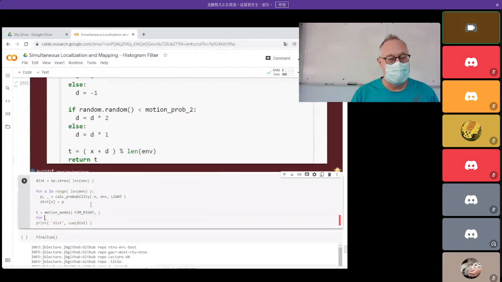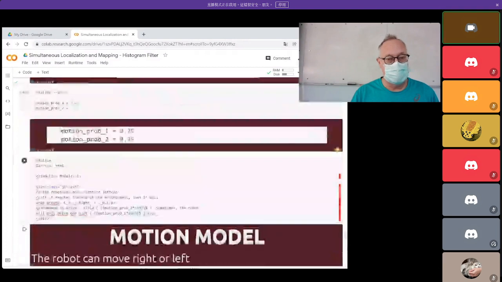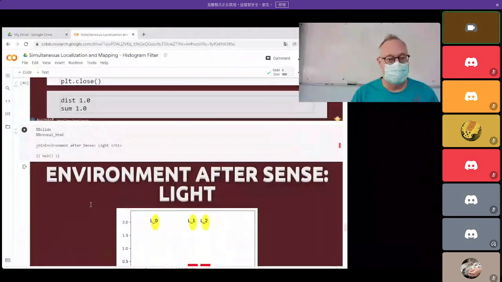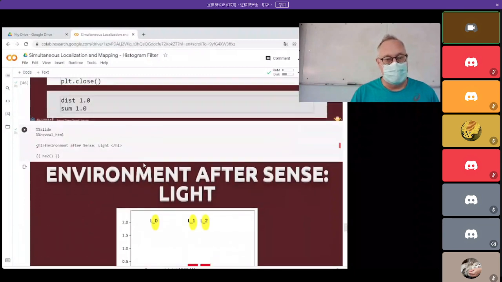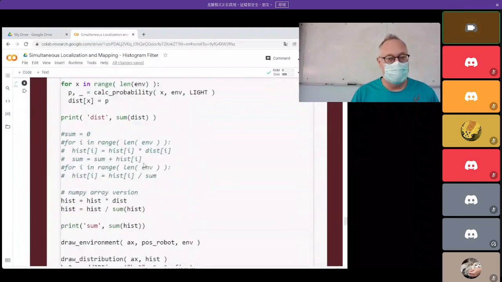So now let's draw and update our distribution, implement the code to draw and update the distribution, our histogram here, after we execute the movement.